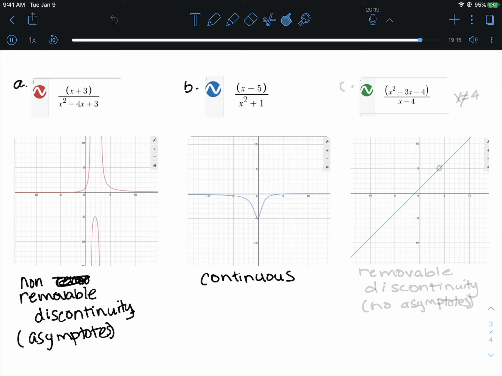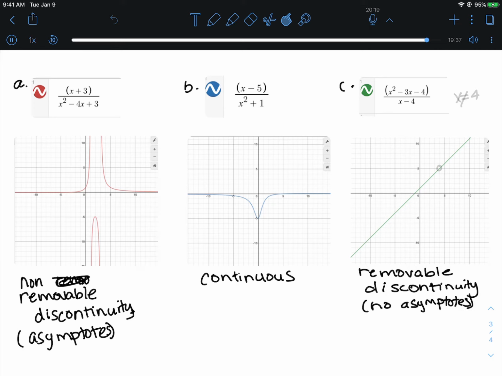Okay. And now for example C right here, this one has a removable discontinuity. Okay. Now what distinguishes a removable discontinuity versus a non-removable one is that this one doesn't have asymptotes, right? So this is no asymptotes. Okay.